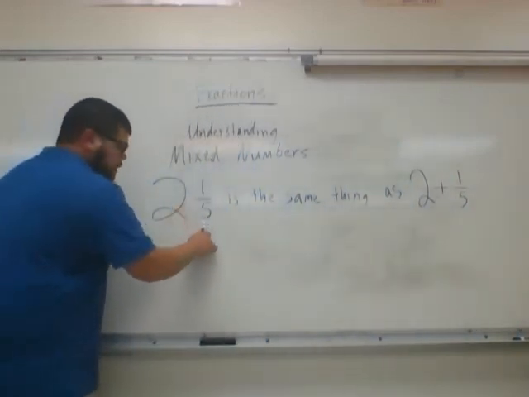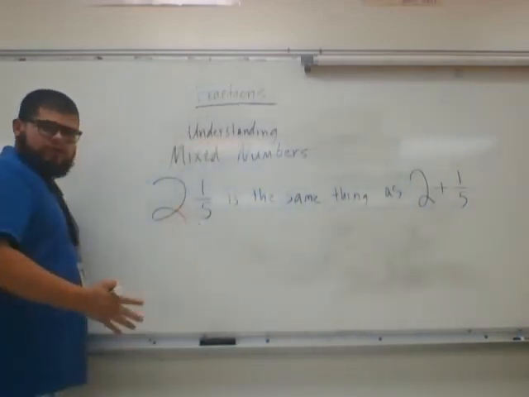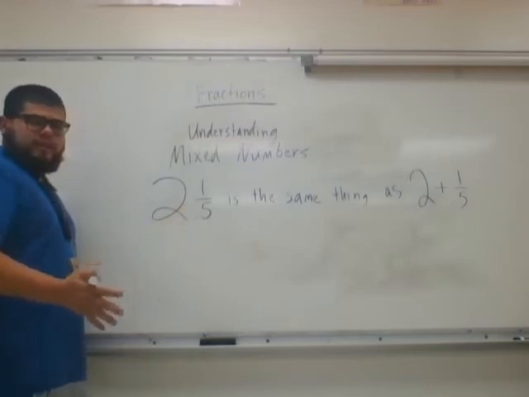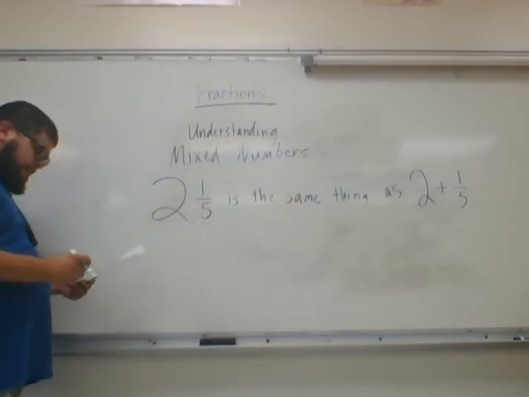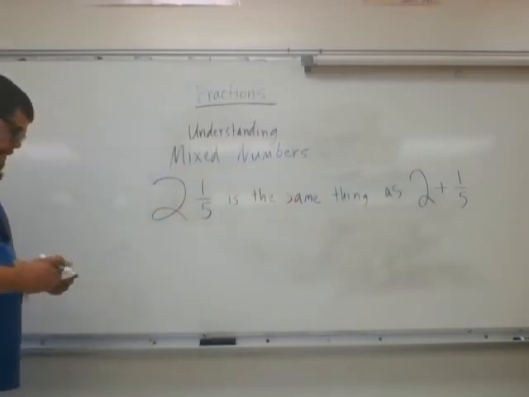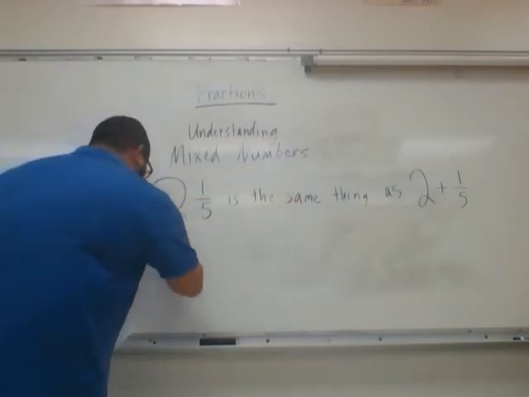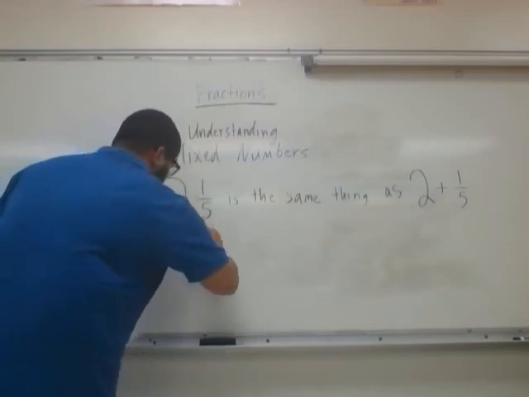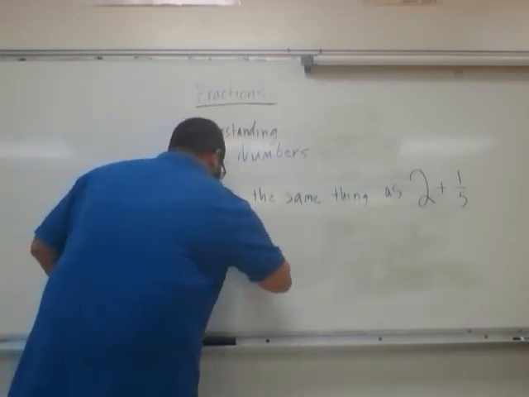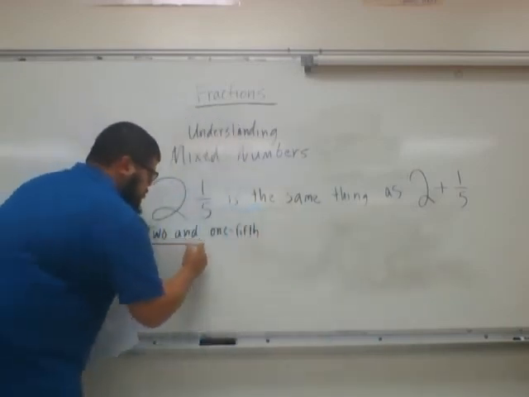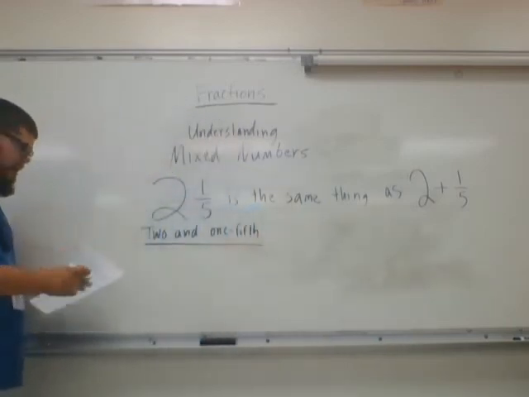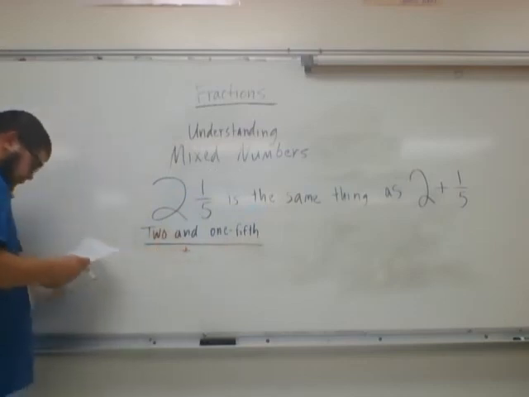And is a key word, which we'll talk about more when we get into keywords, right? And is a plus sign. So that's why we have that plus sign. And that and word means plus.